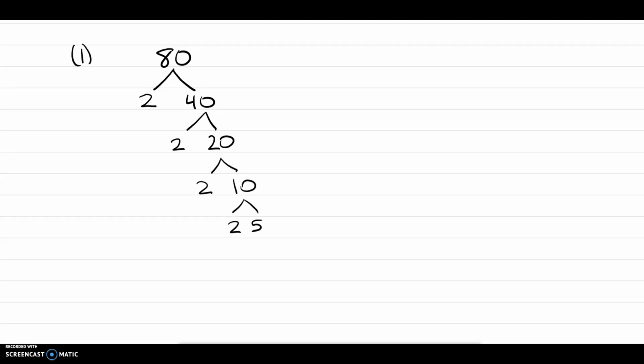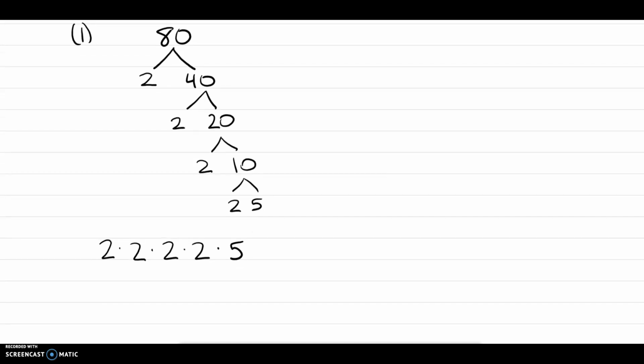So what I see here is that 80 is the product of 2 times 2 times 2 times 2 times 5. Those are the prime factors of 80, because I can't break down 2 any further and I can't break down 5 any further. When you do prime factorization, you don't write 1 times a number. So that means only prime numbers should be at the end of your trees.